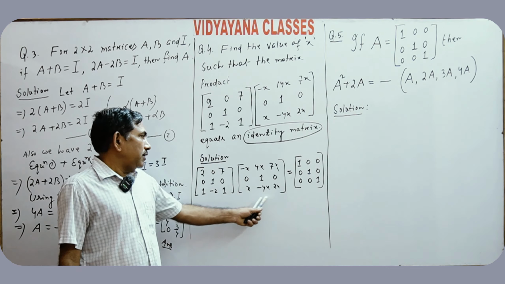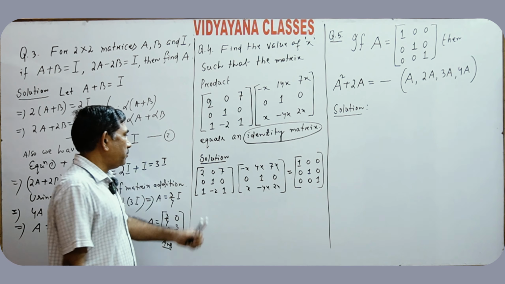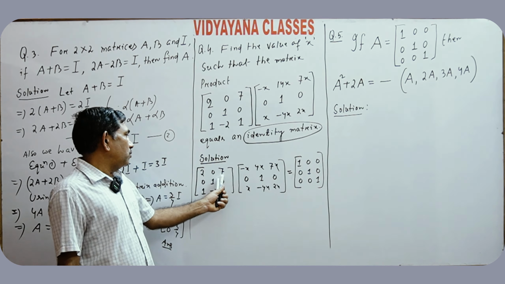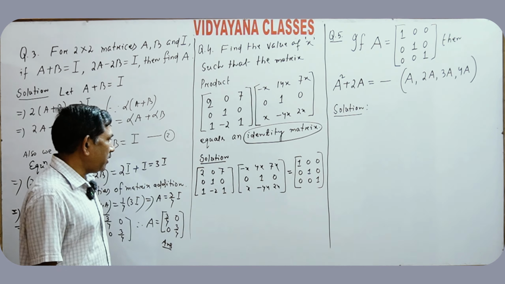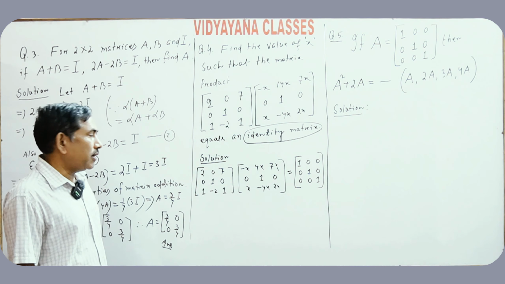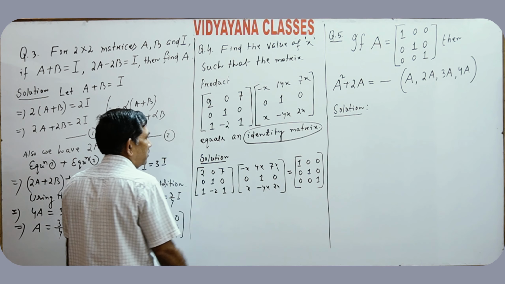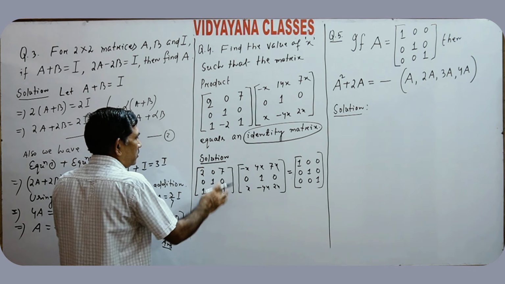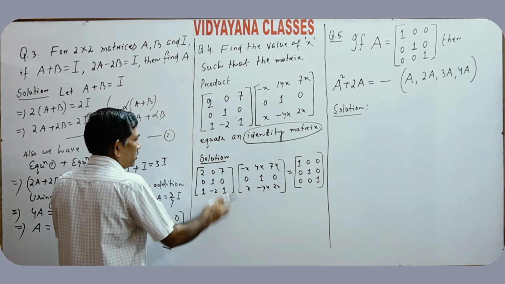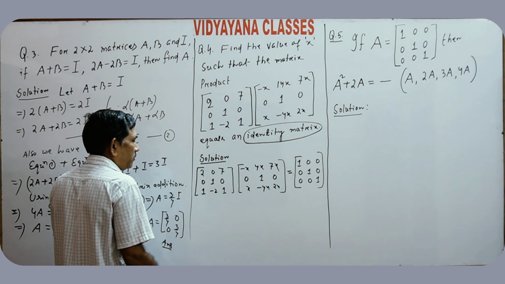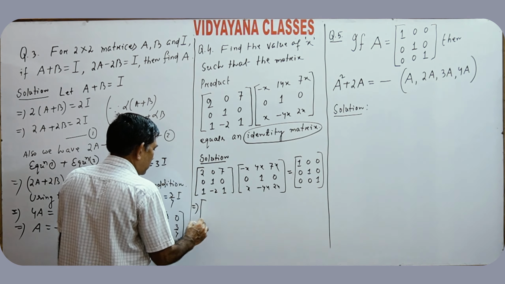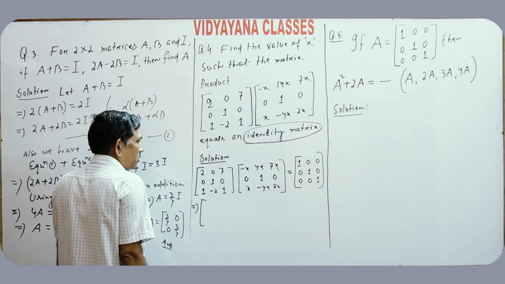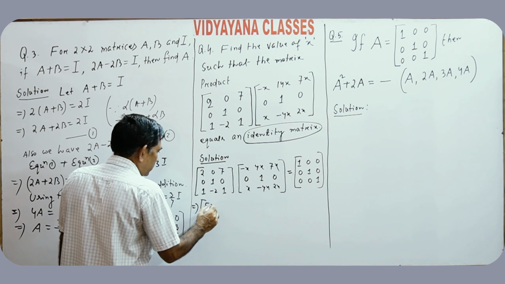Using matrix multiplication, go through row 1, come down in column 1, multiply the corresponding elements and add them. 2 into minus x is minus 2x, 0 into 0 is 0, 7 into x is 7x. Minus 2x plus 0 plus 7x gives 5x.